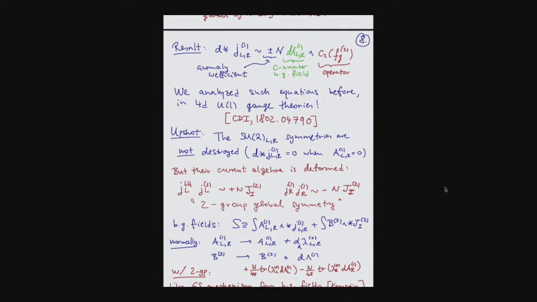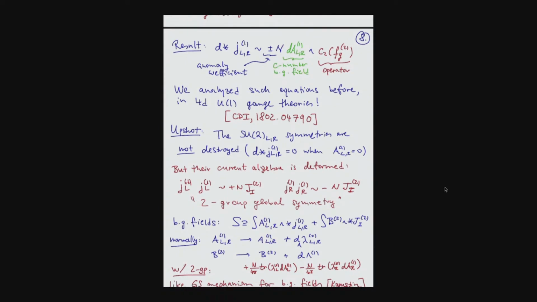And one easy way to see that is that if you want to test whether or not a symmetry is actually a symmetry, you should turn off the corresponding background fields. Just go to flat space, no background fields. And when you turn off the background fields, this term vanishes. So the right-hand side vanishes when you turn off the background fields. And that's a signal that the currents themselves are actually perfectly fine.